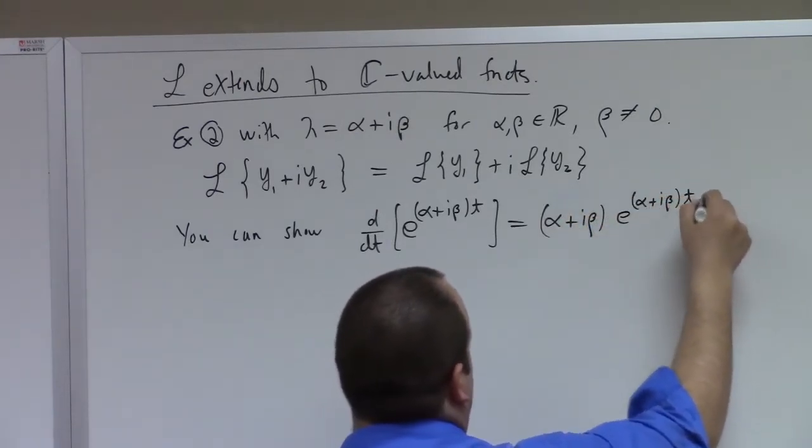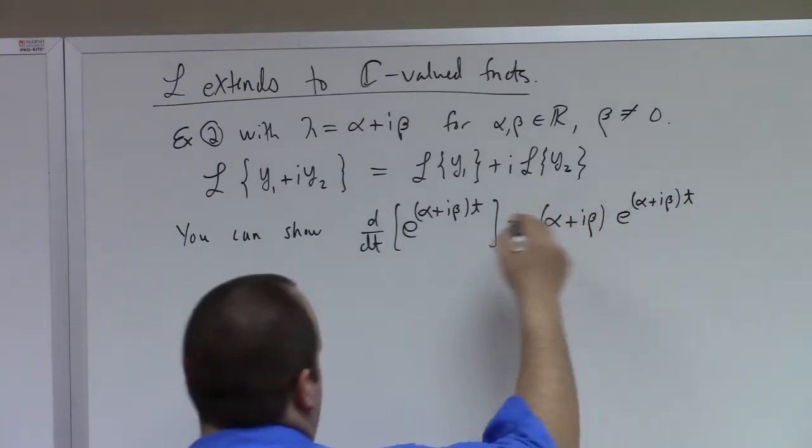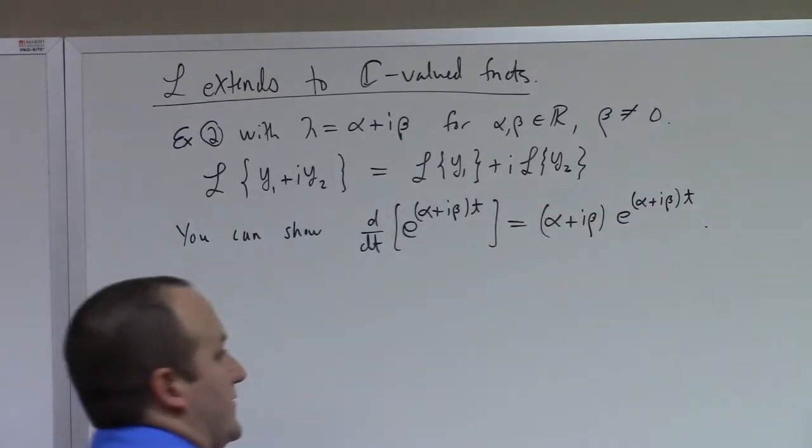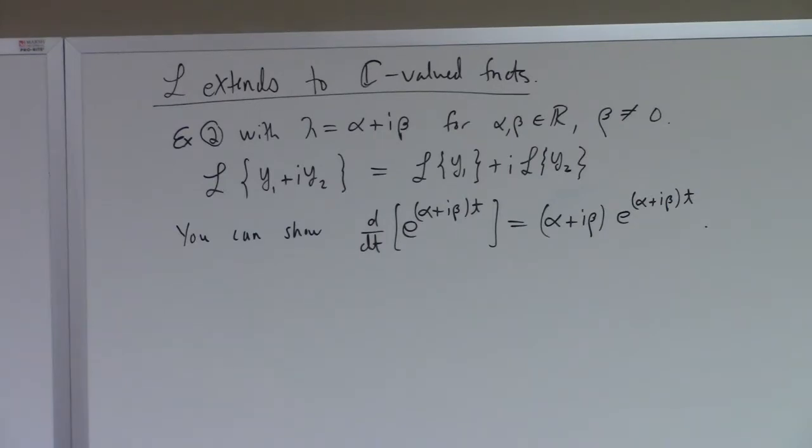Understand that that's a rather complicated thing in purely real notation. That involves product rules of sines and cosines and exponentials. There's a lot hidden in that statement. It doesn't come for free, but it's true. But because that's true, the integral calculus of complex exponentials works the same.